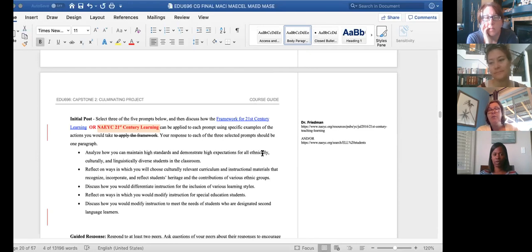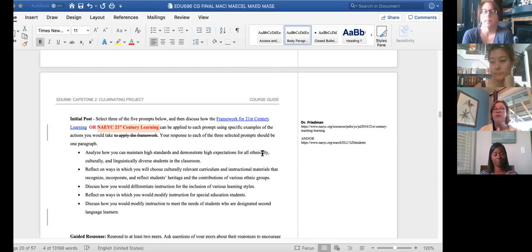Mm-hmm. So my second thought was, this is one example. My other thought was, let's take out everything that has to do with P21, the framework, any specific website, and let's just make this really a course that will live for a lot longer.